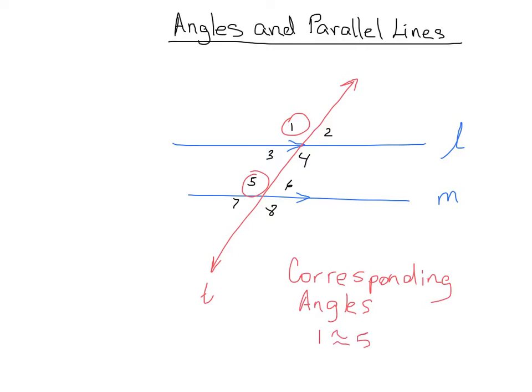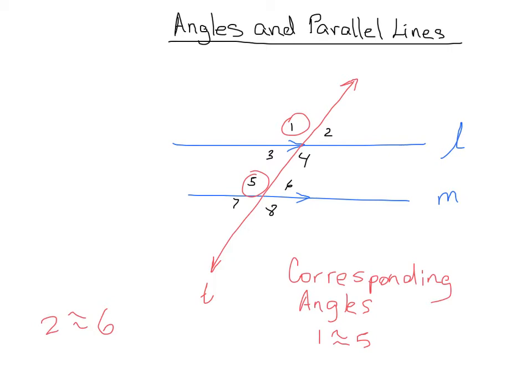Alright, we have other corresponding angles here. So on the other side of the transversal, at the top of L and M, we have 2 and 6. They are also congruent because they are corresponding. What other angles are corresponding with each other? Well, we have, again, on the left side of the transversal, the other two angles, the ones at the bottom of their corresponding lines, are also corresponding angles.